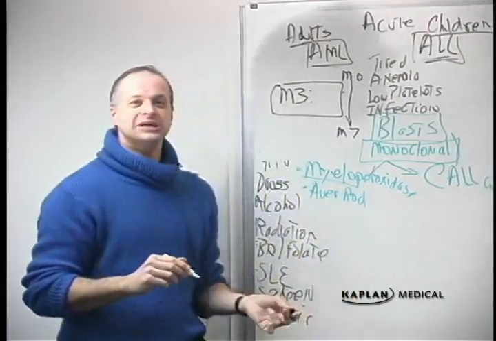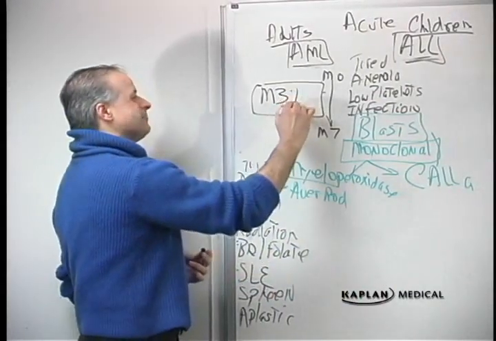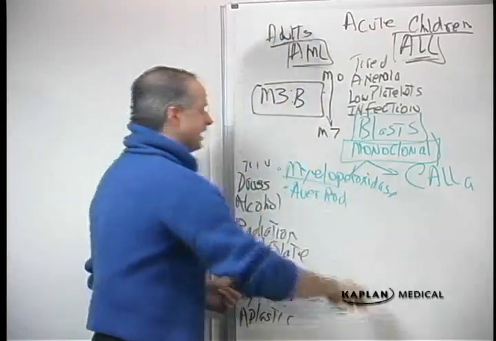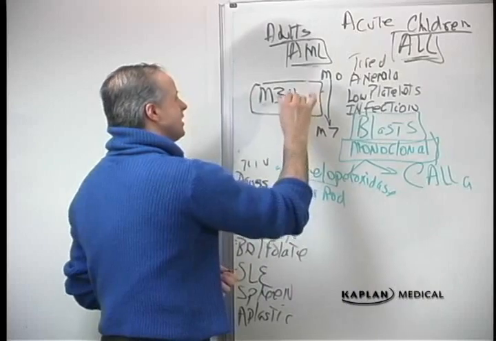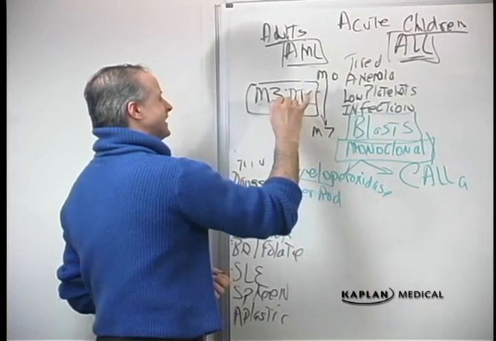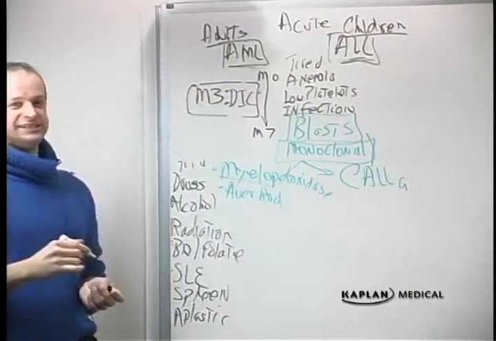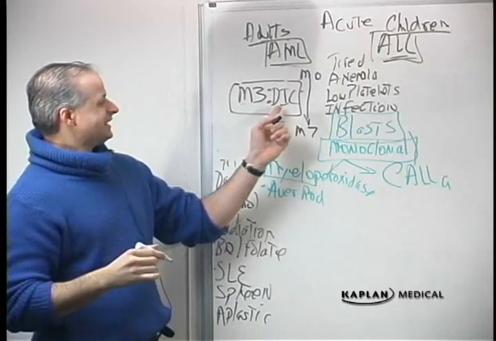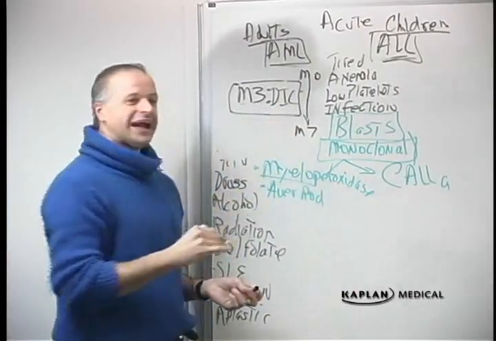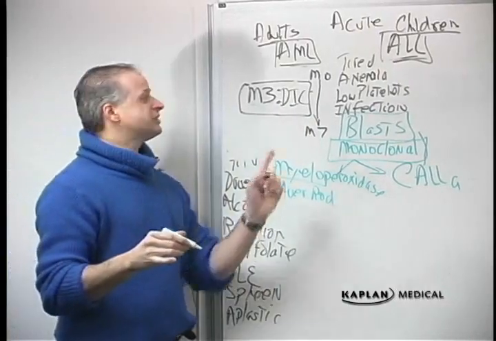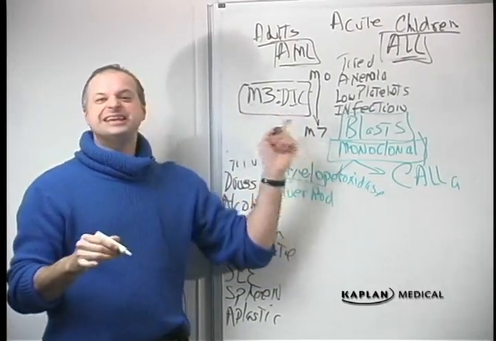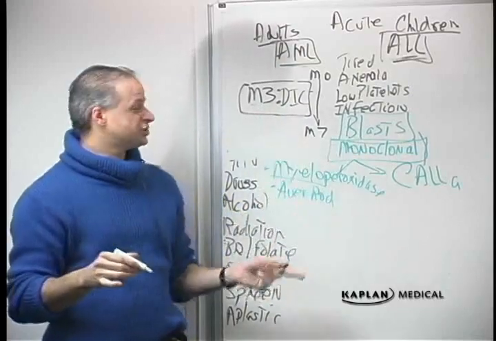The only one that's different is M3 with DIC. M3 promyelocytic leukemia presenting with DIC, disseminated intravascular coagulation. The only one you need to know different is the disseminated intravascular coagulation.